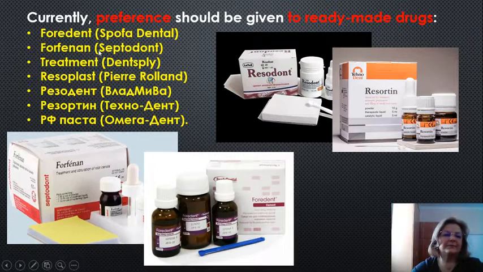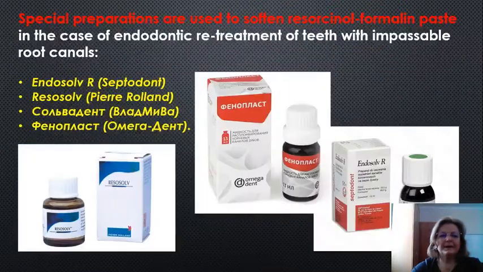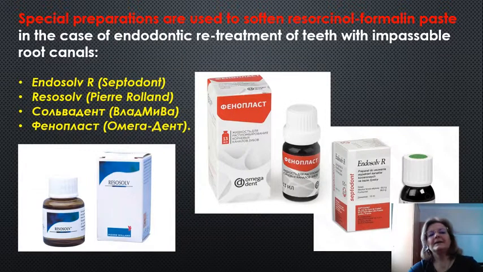For example, Forident, Forfinam, Resoplast, Resodent, Resortin, and Erfepasta, and other preparations. Special preparations are used to soften resorcinol-formalin paste in the case of endodontic retreatment of teeth with impassable root canals.